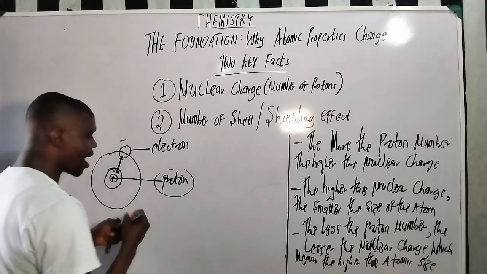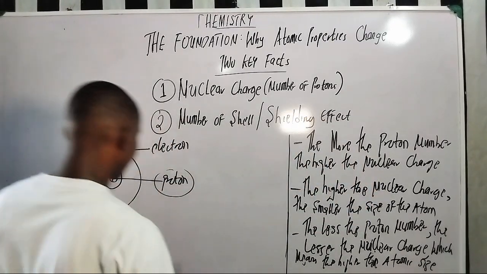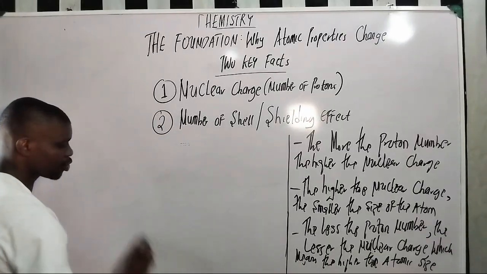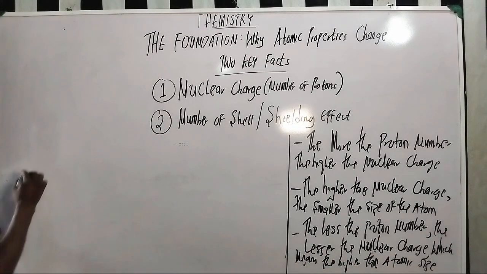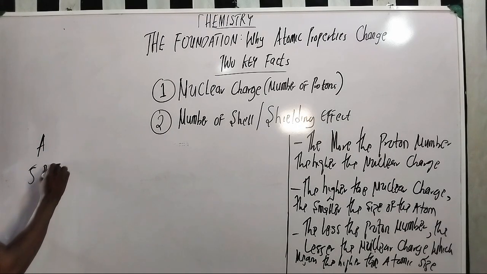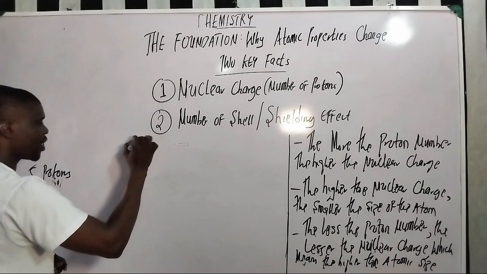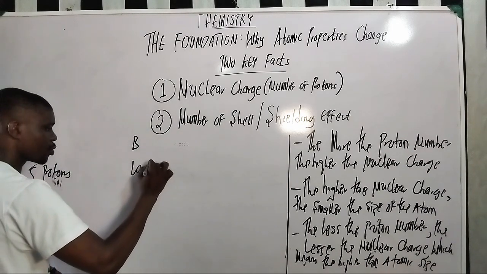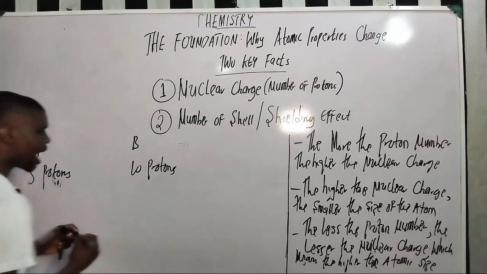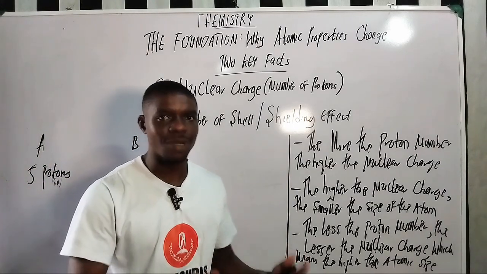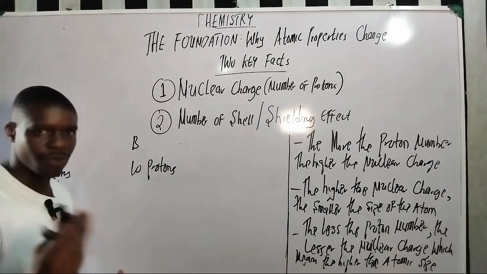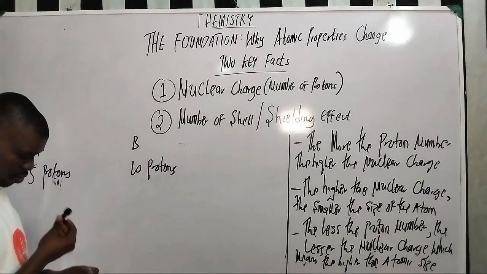If for example we have two atoms, atom A with 5 protons and atom B with 10 protons, which one has more nuclear charge?